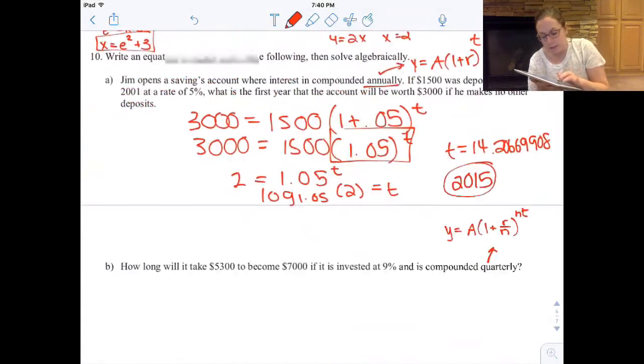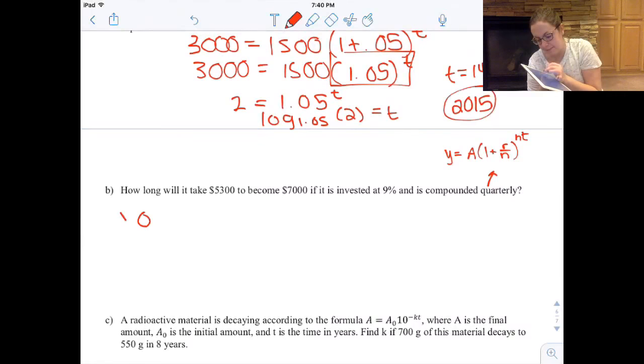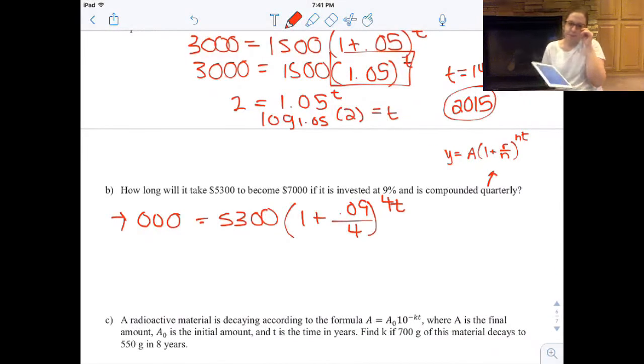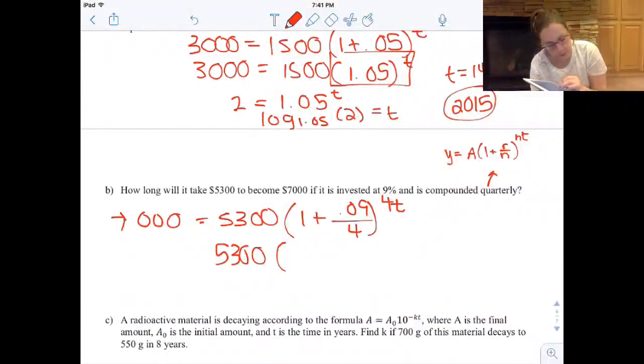So I would simplify what's in parentheses, which is 1.0225, to the 4t. Divide both sides, and this doesn't divide evenly, so what I would do is just leave it reduced. So 70 over 53 is 1.0225 to the 4t.